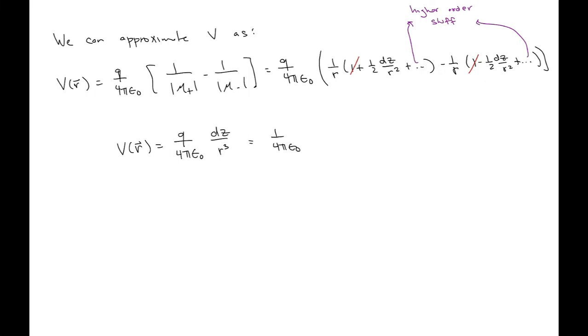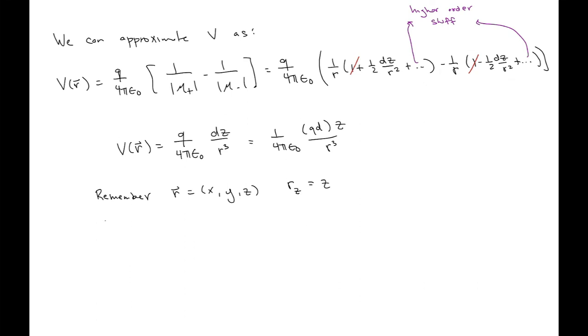I'm going to group together the q and the d, and keep the z by itself there. If I remember, r is equal to x, y, and z. So the z component of the r vector is just equal to z.